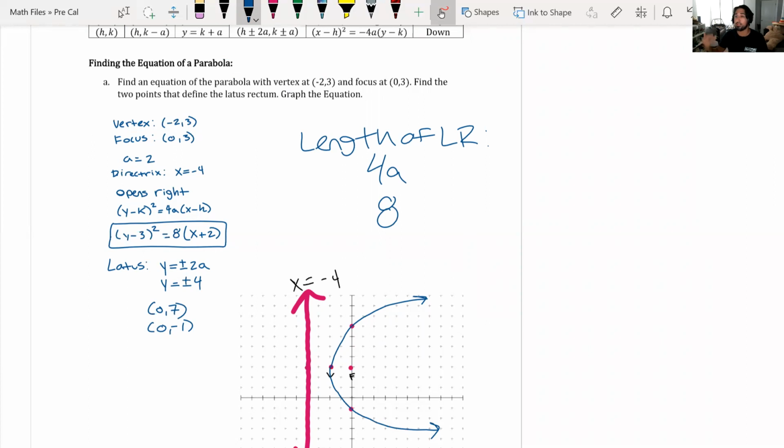So from the focus, you can count up 4, you can count down 4, and 4 plus 4 is 1 million. Just kidding, it's 8. So that would prove that we found the correct points of our lattice rectum. All right.